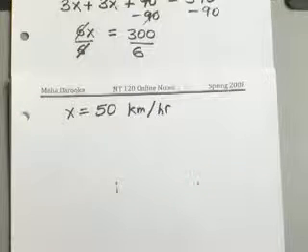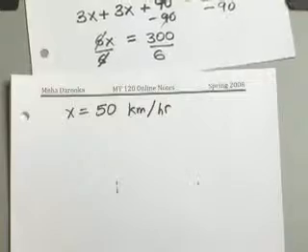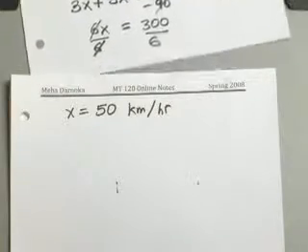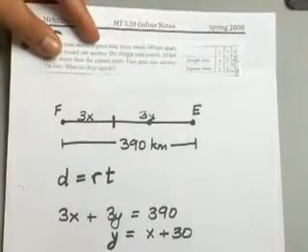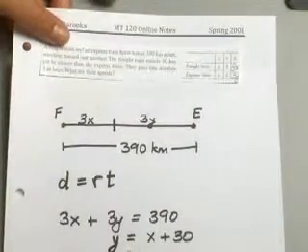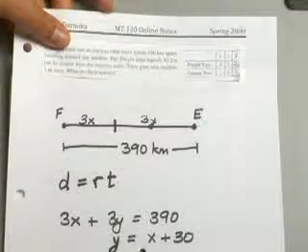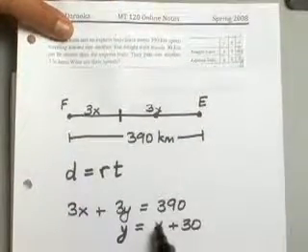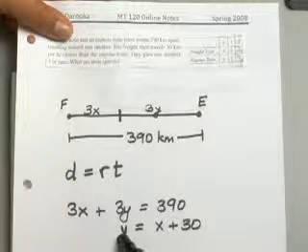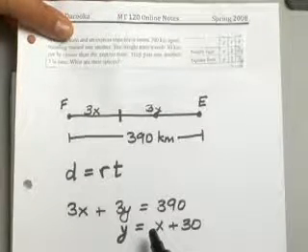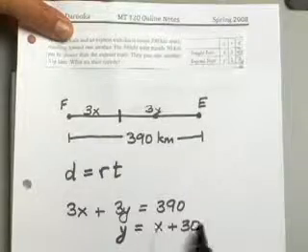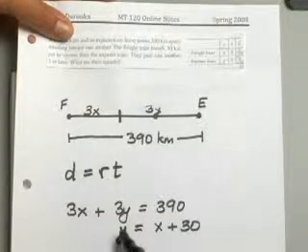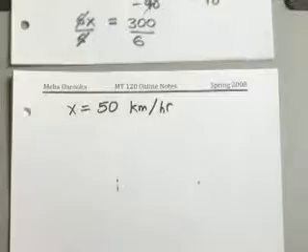So if your freight train is going at 50 kilometers per hour, what is the speed of your express train? For that, we can again go back to the original problem or the original equation here, which said that the freight train travels 30 kilometers per hour slower than the express train. So if the freight train is 50, you need to add 30 to it to get the speed of the express train.